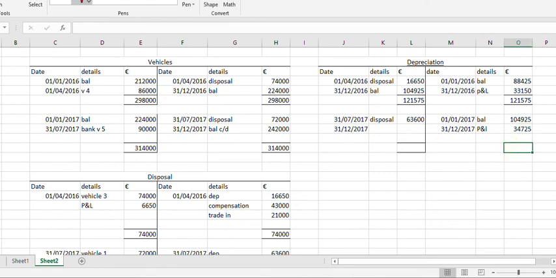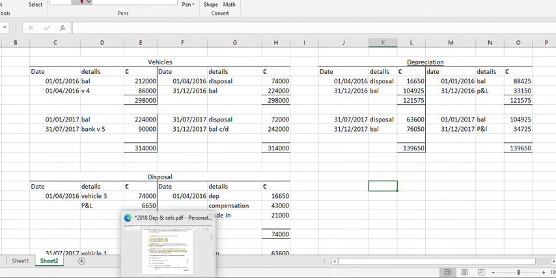So the big side is 139,650. So our balancing figure is the difference between these two, which is 76,050, and that is our accounts done.